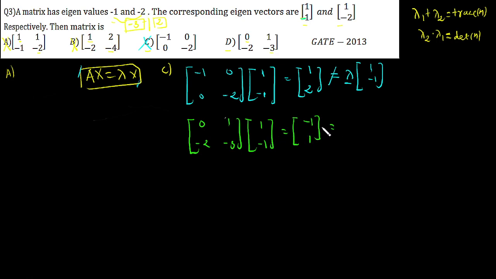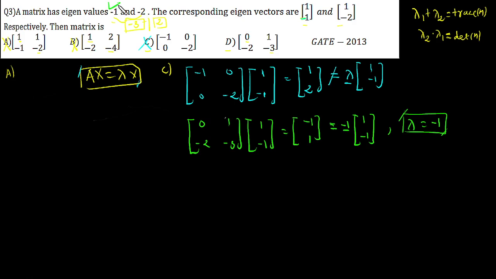Now if I take -1 common from this vector, to represent it as lambda times the initial one, and the initial one is this one, I can write it like this. Now you can see I have represented this as lambda times the initial vector, and this scalar is nothing but our eigenvalue, which in this case is -1. You can check in the reverse direction also. One of the eigenvalues is -1.